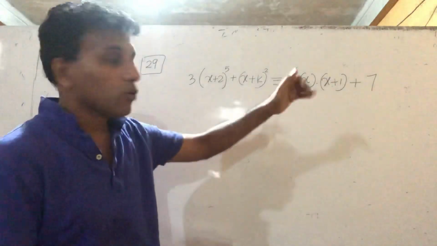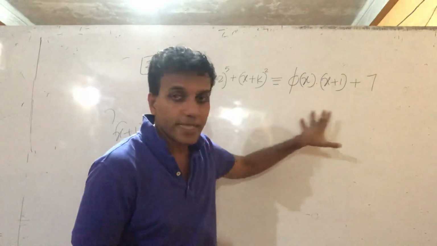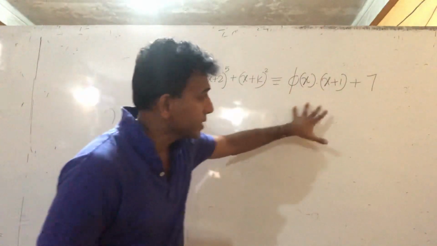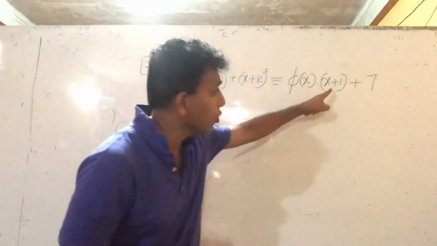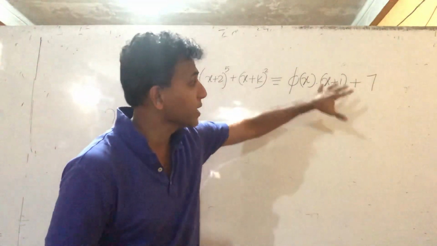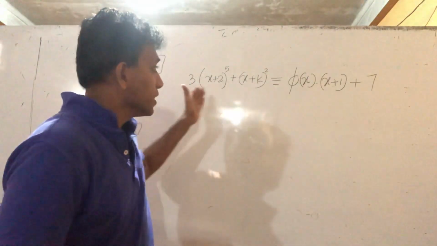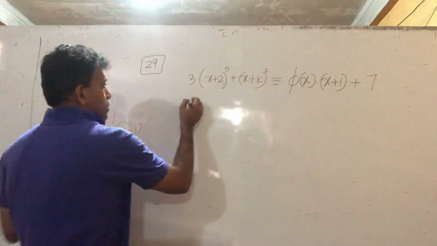See how we work this. We won't bother about the quotient part. Make this part 0 by applying x equals minus 1, and it becomes 0. Then we get an equation to solve for k.